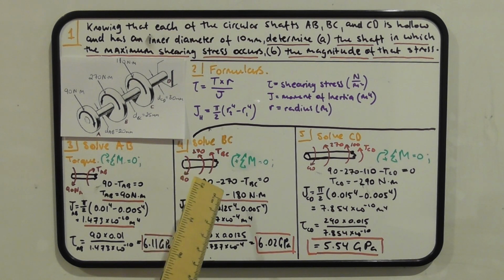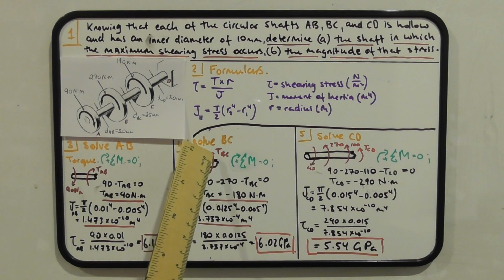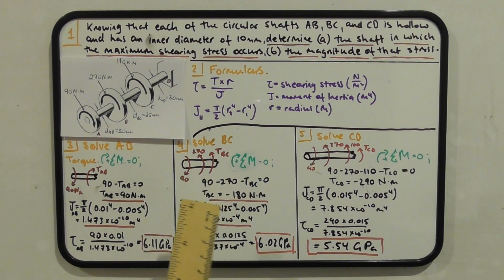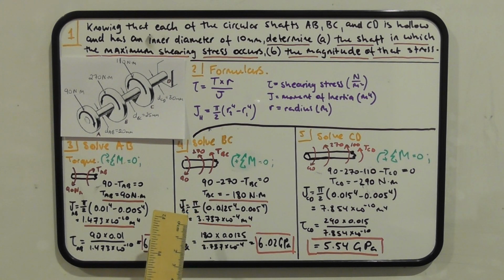Don't fret about that. That just simply means that the initial direction we assumed is actually wrong. So that arrow should point in the clockwise direction, and so we will not include that negative in the final calculations.